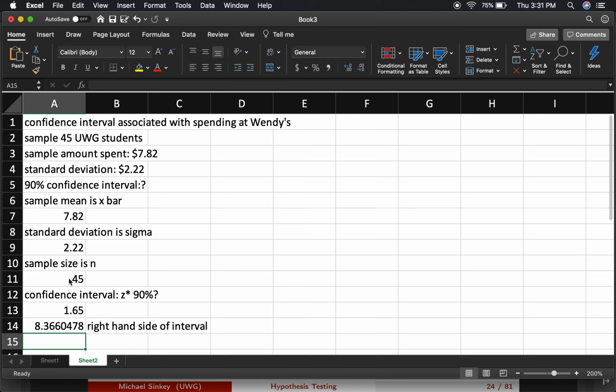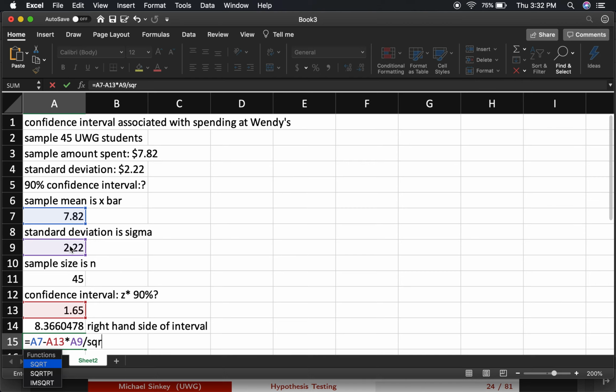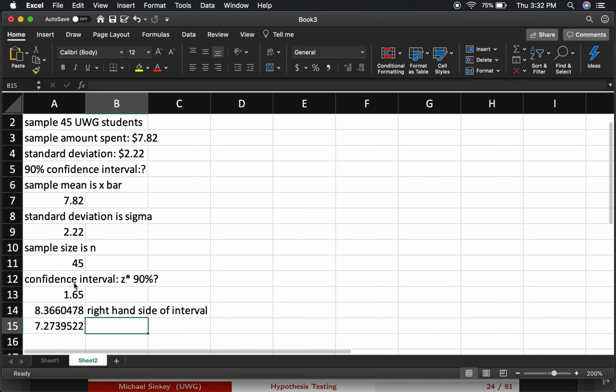So what about the left-hand side? I take the sample mean, I subtract the critical value times the standard deviation divided by the square root of the sample size. That's the left-hand side of the interval.